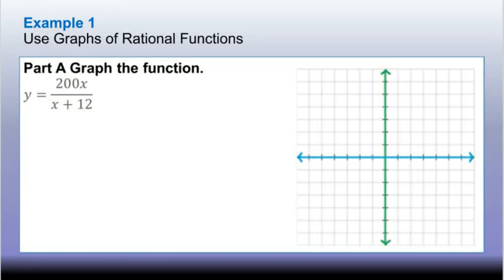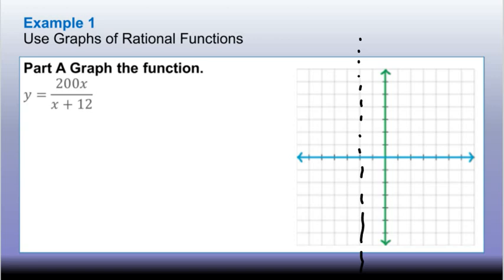Now we're going to have a vertical asymptote at -12. So here, let's count by sixes. If this is 6, this would be -12. So let me label this one.